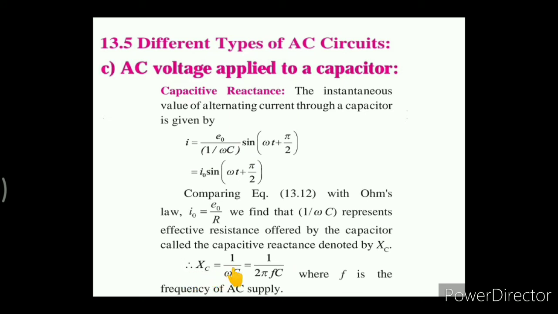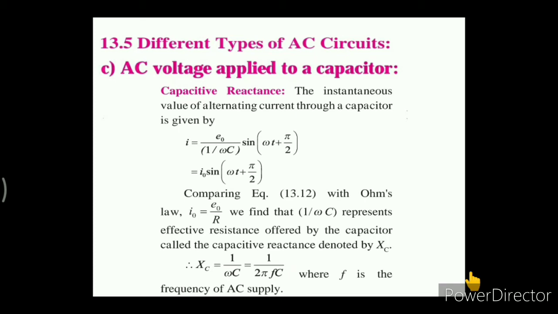So Xc is equal to 1 upon omega c. And as omega is 2 pi f, Xc is written as 1 upon 2 pi fc, where f is the frequency of AC supply. So here we can say that the quantity that represents the opposition offered by the capacitor to the flow of an alternating current is called capacitive reactance, denoted by the symbol Xc, which is equal to 1 upon omega c, which is equal to 1 upon 2 pi fc.